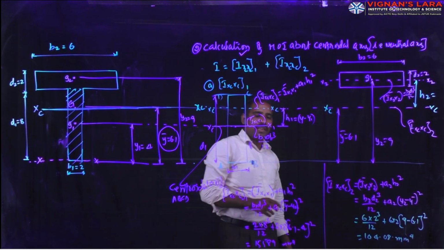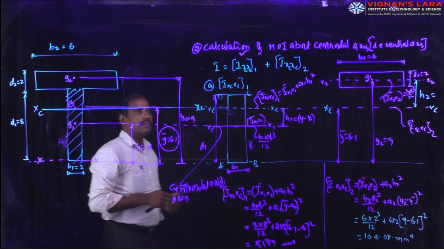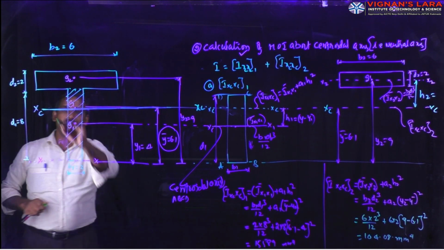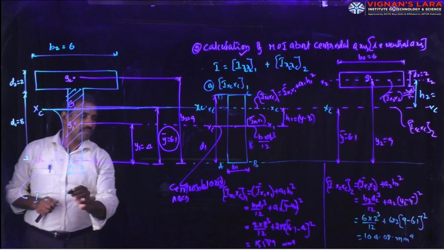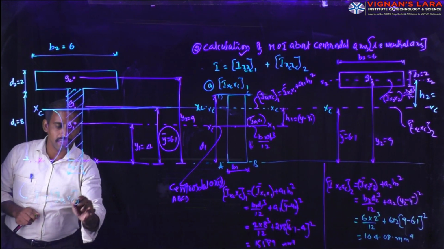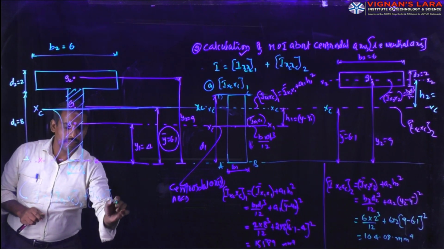So the summation of these two is the moment of inertia of the T section about its central axis, that is, I is equal to I xc of the first rectangle plus I xc of the second rectangle.